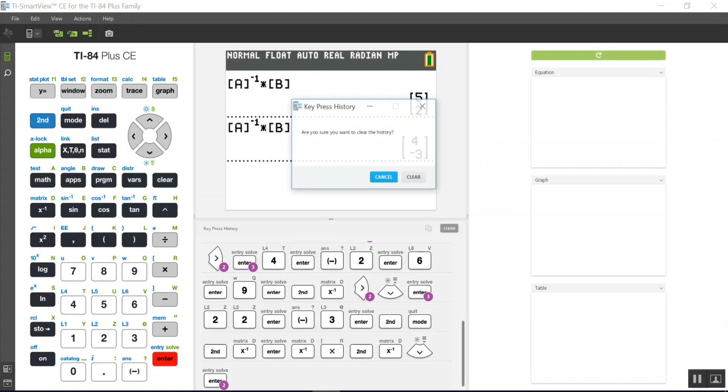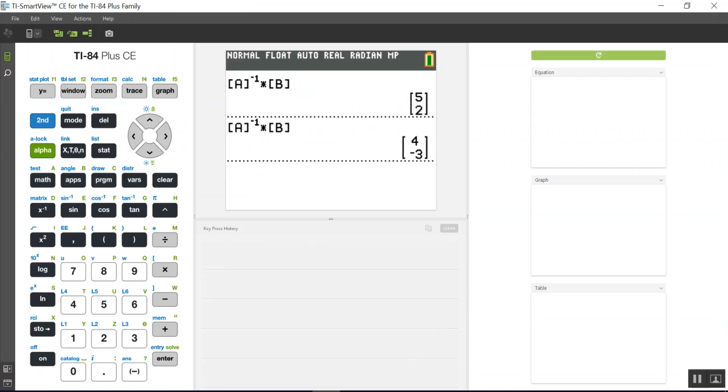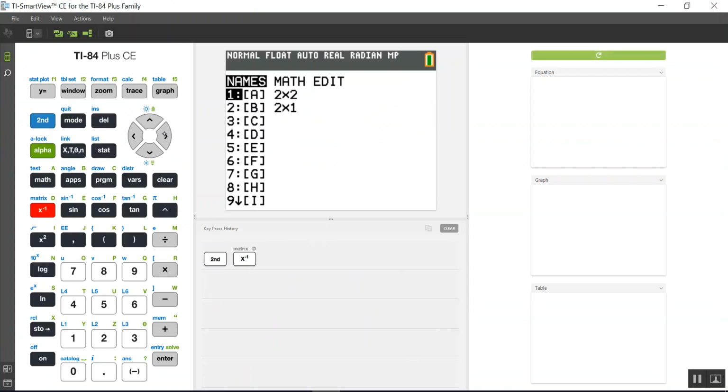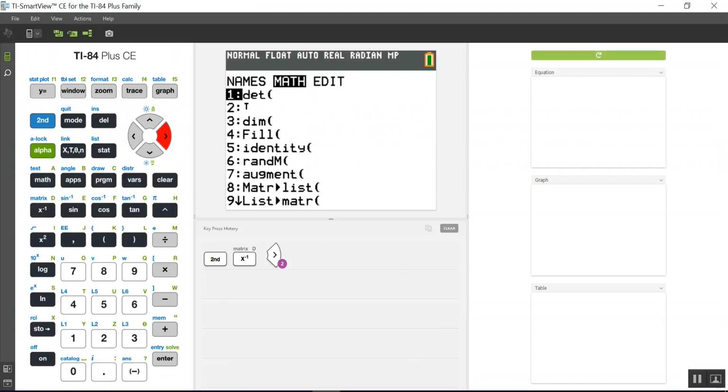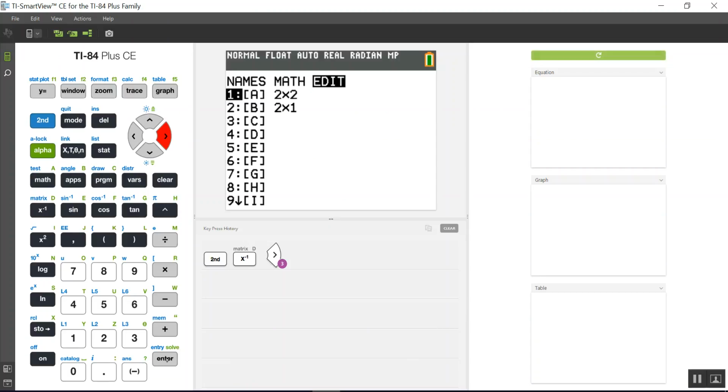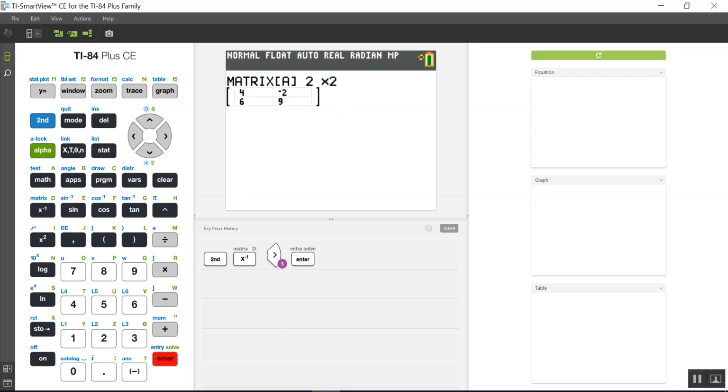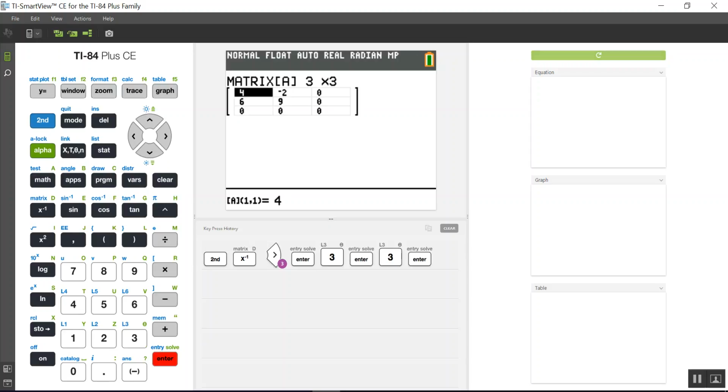I'm going to clear my key press history here. It's getting a little sloppy. Okay, so go to matrix. I'm going to edit matrix 1. Enter. And I need a 3 by 3 matrix because this is a system of 3 equations. And I just input my coefficients.